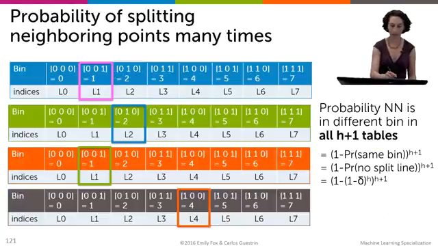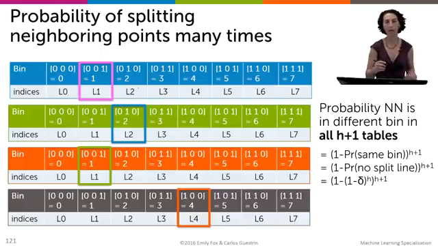Well, now when we're thinking about multiple hash tables, again, to make it as much of an apples-to-apples comparison as we can, we're going to think about defining h plus 1 different hash tables and then just searching the query bin in each of these different tables. Okay, and so then what we're going to calculate is the probability that my nearest neighbor is in a different bin in all h plus 1 of these hash tables.